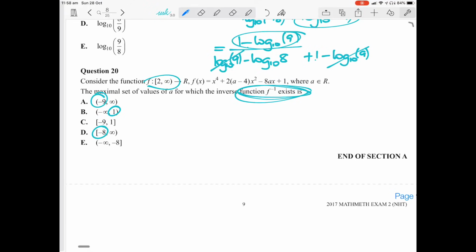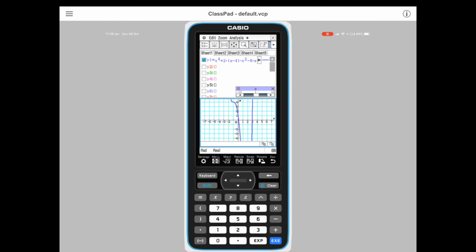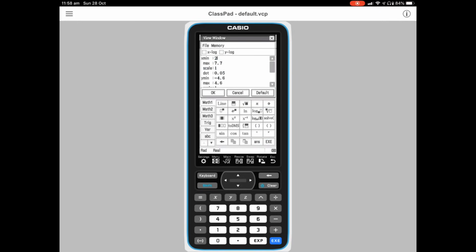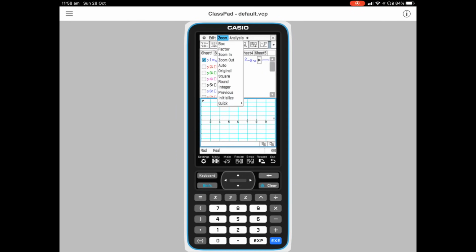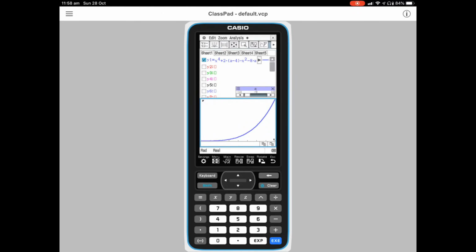negative 8. So if we put in negative 9, let's go from 2 to 10. Zoom auto.